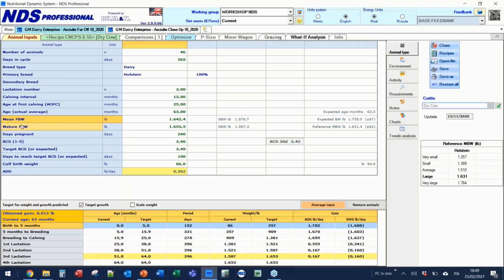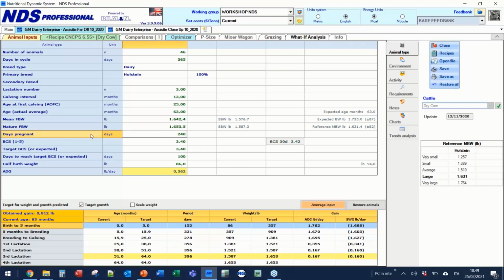We already discussed the mature body weight. Everything we said for heifers, talking about mature body weight, is true even for dry cows. So the same measurement we did for heifers is valid also for dry cows. We are talking about, in this case, far off.